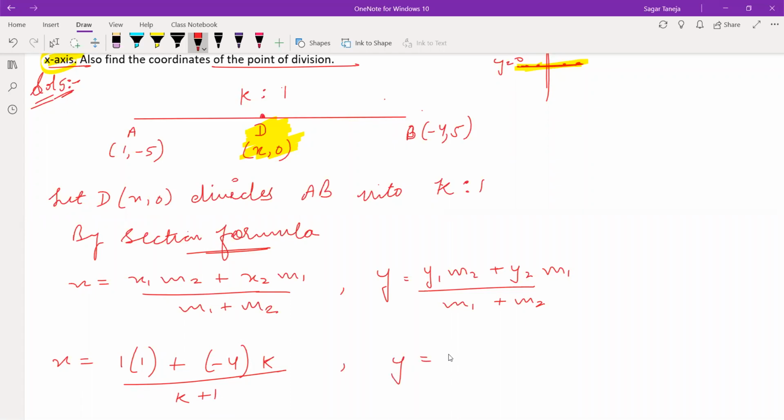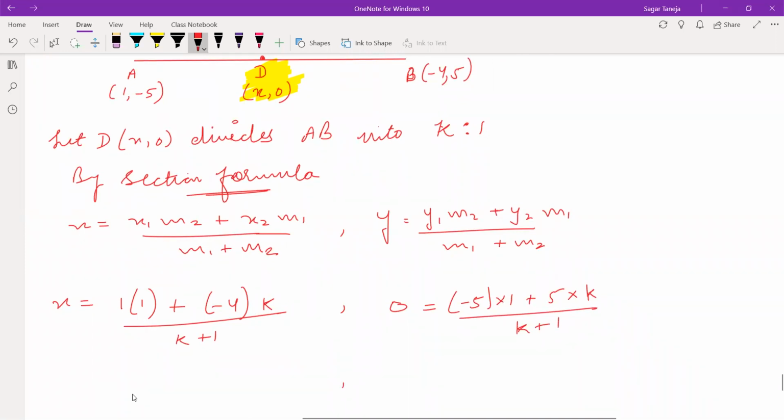Then y is 0, the given value. Then y1 is minus 5 multiplied by 1, plus y2 is 5 multiplied by m1, that is k, over k plus 1.